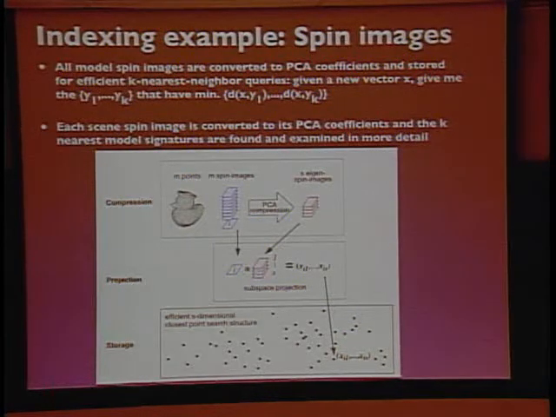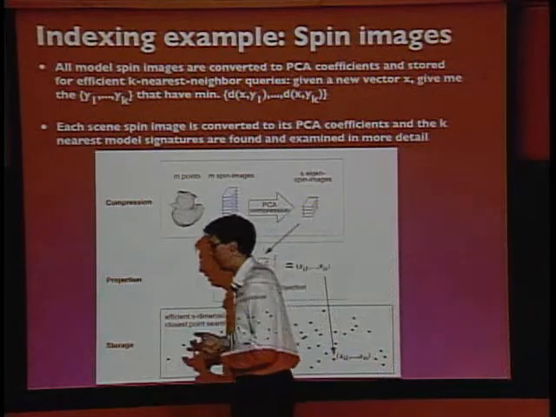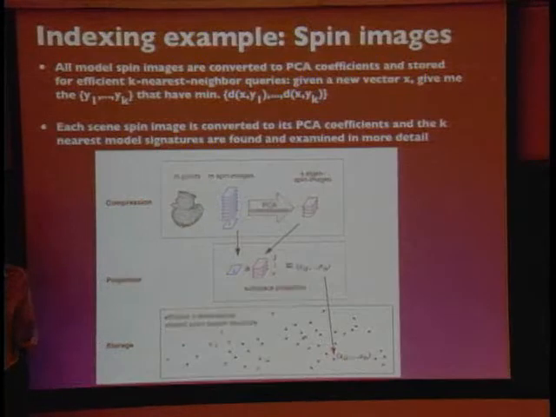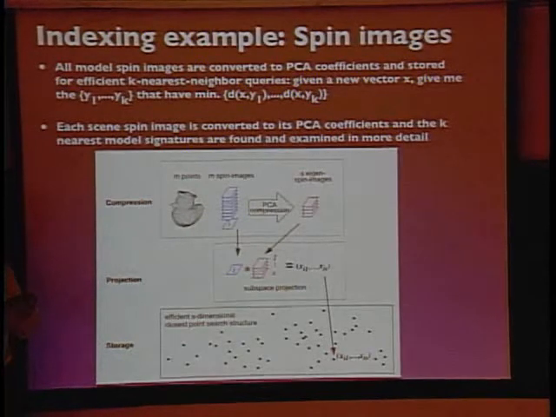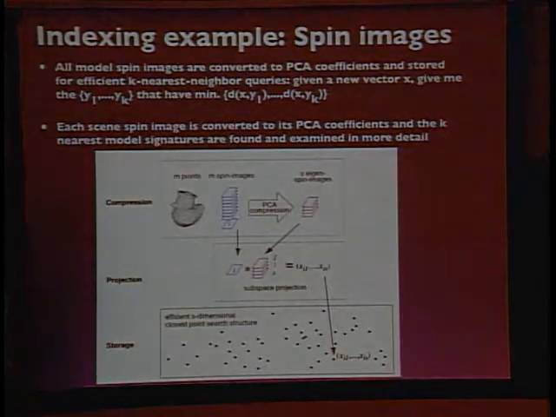So again, we go back to this idea of proximity queries, where given a vector of numbers in some high-dimensional space, I want to get either the k vectors that are already in that vector space that are the closest to it, or a similar but kind of different question is, are there any vectors within a ball of radius epsilon from this vector from my scene?